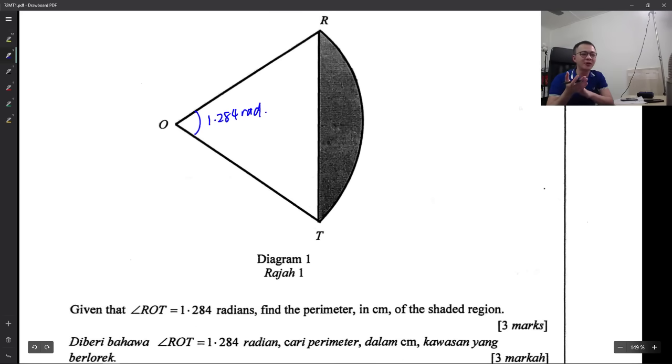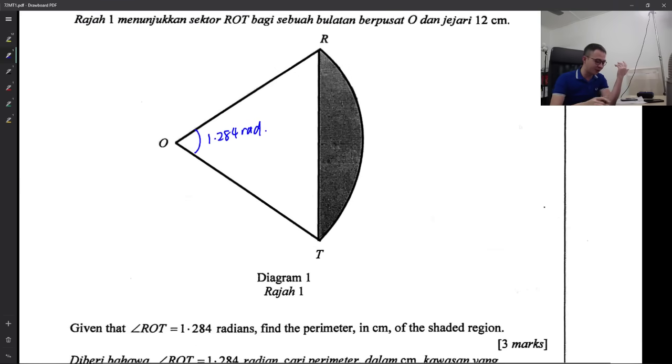In order to find the perimeter of the shaded region, basically 2 things you need to find. First, you need to find the length of RT, for which you can use the cosine rule, and you need to find the arc length RT as well. Finding the arc length is super simple.